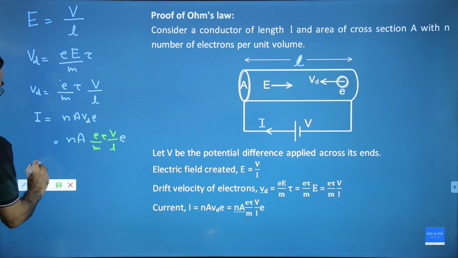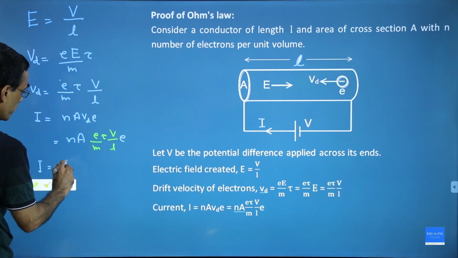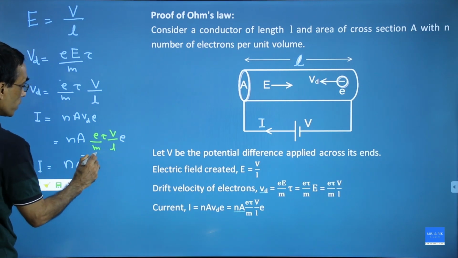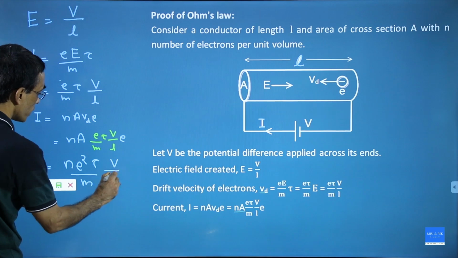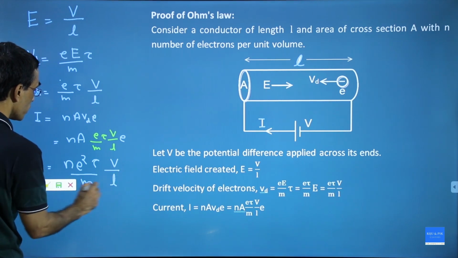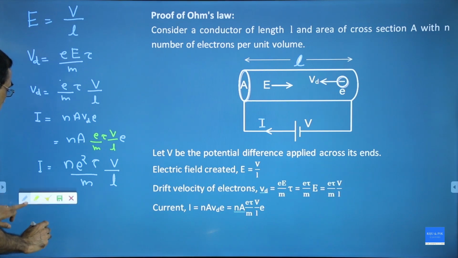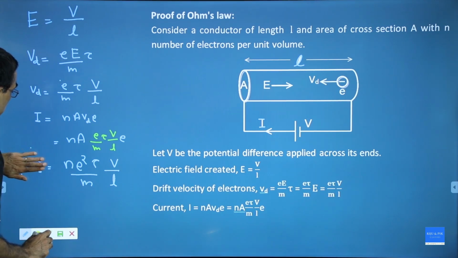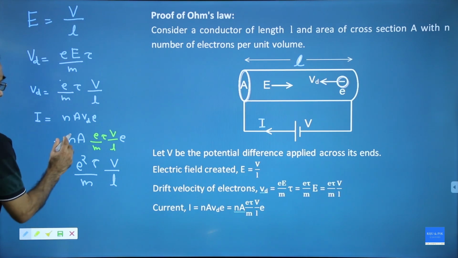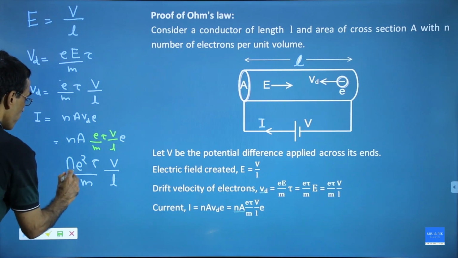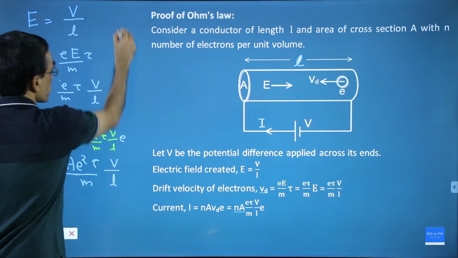This is the current I equal to, now you can see there is an e here, so you can multiply n, then e square, then you have tau divided by m into V divided by L. I am sorry, I missed one term, there should be A here. One second, let me make some edit here. I forgot about this A, so A will be here, n is here, equal to current, a beautiful relation.